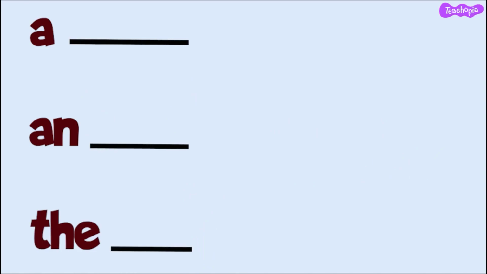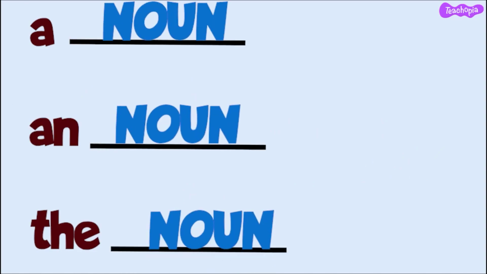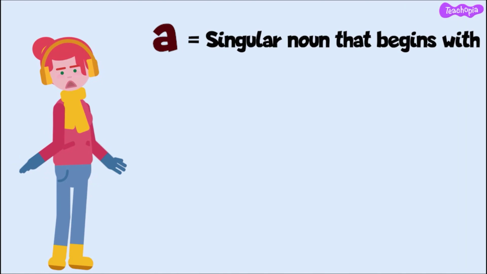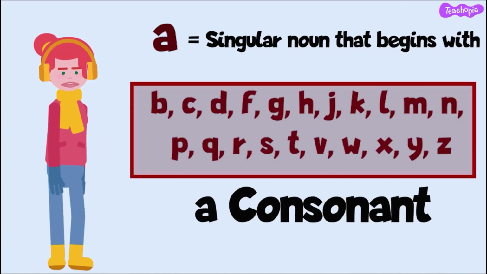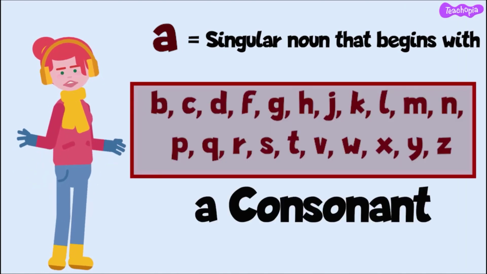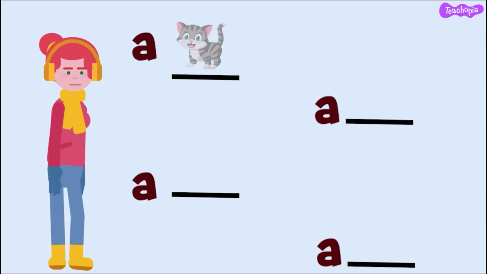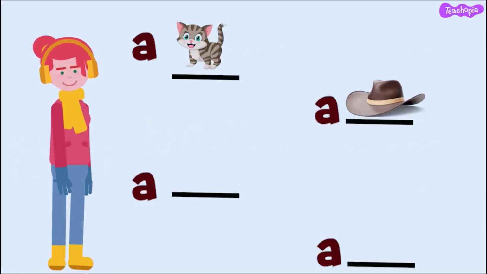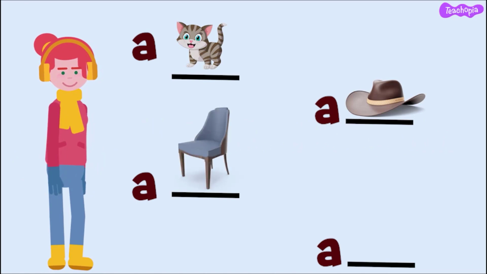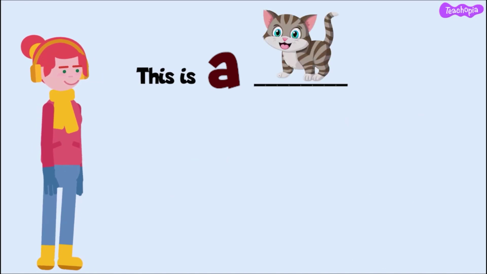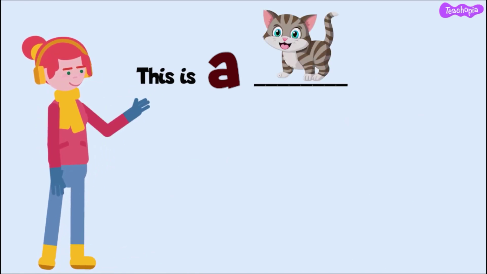A, an, and the are words we use before some types of nouns. We use a before a singular noun that begins with a consonant. For example, a cat, a hat, a chair, a house. We can say, this is a cat.